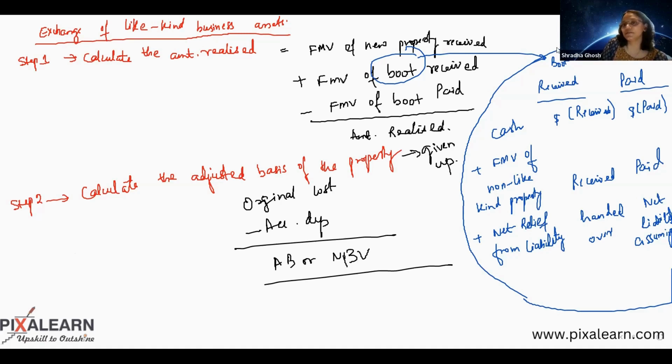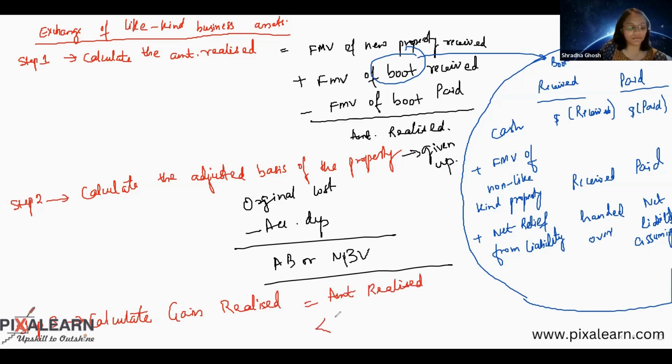Now step 3 is easy, guys. Step 3 is calculate your gain which you are realizing in the real world. How do you calculate it? You take your amount realized minus the adjusted basis of property.